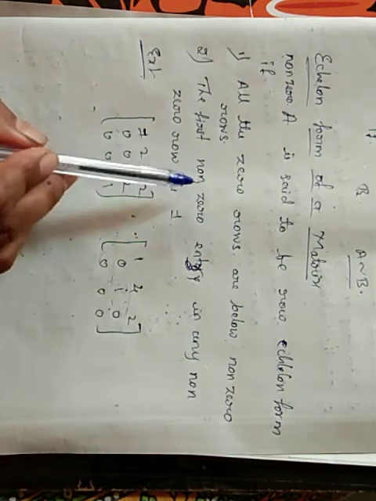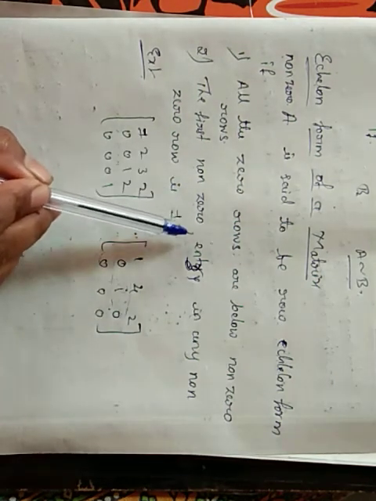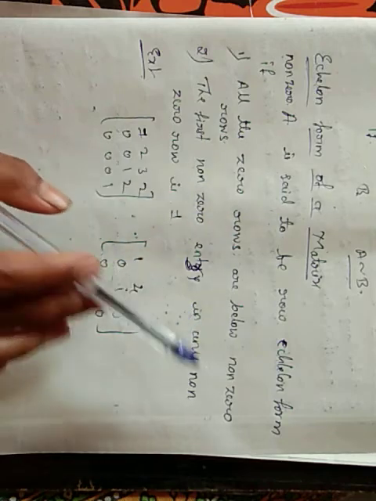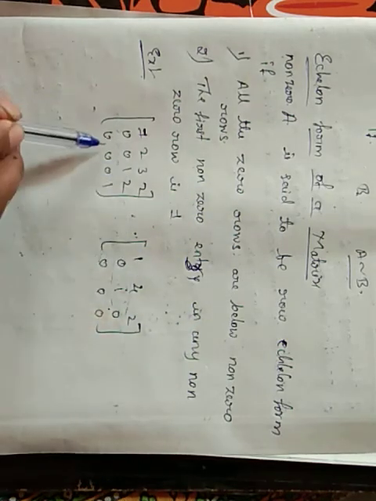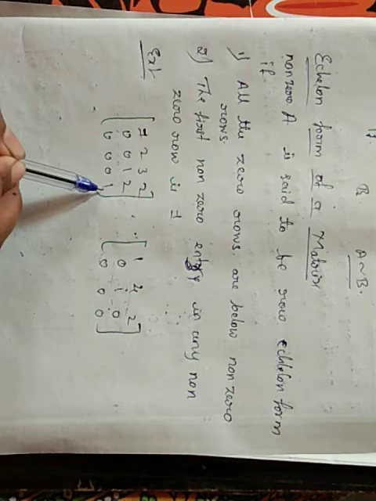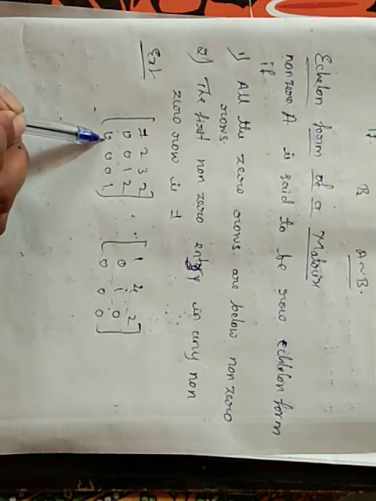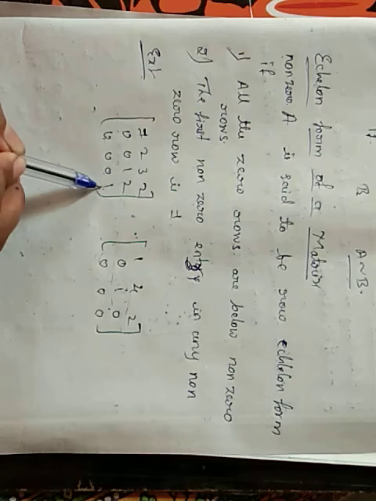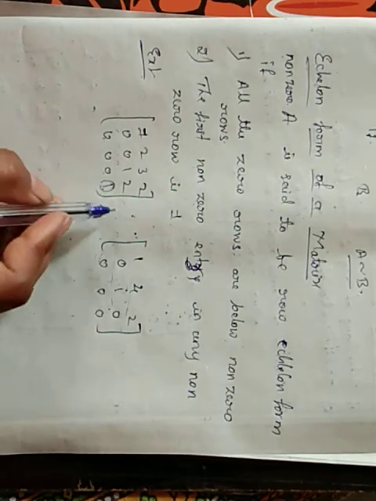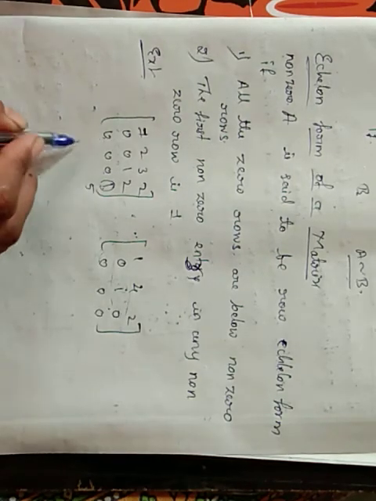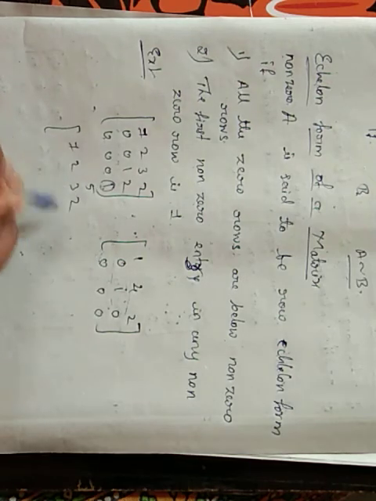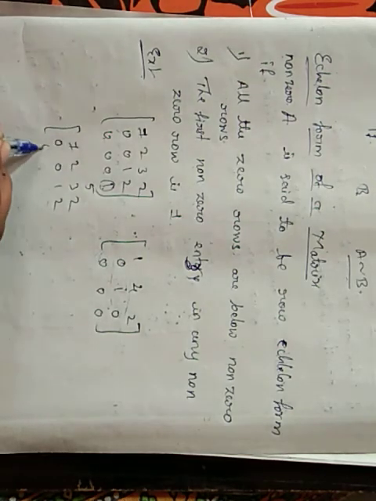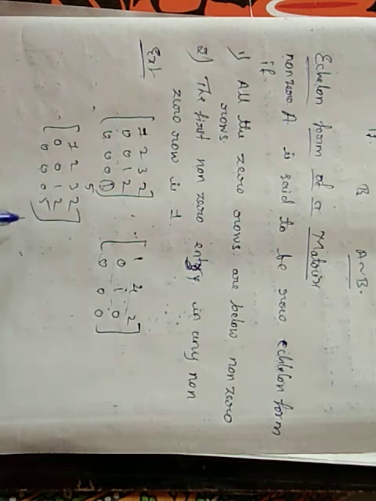The second rule says that the first non-zero entry in any non-zero row should be 1. This is a non-zero row, and all these are 0 entries, so the first element having a non-zero entry is 1. Suppose this one is 5, that is, if I write 1 2 3 2, 0 0 1 2, 0 0 0 5. This is the first entry of the non-zero row, but it is not equal to 1.